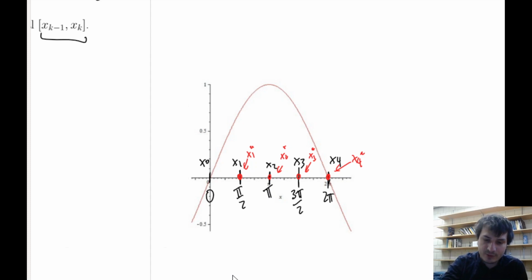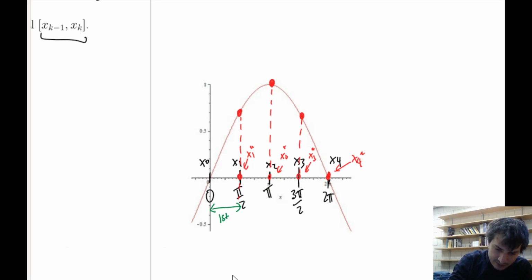So the height of the rectangle will be the value of the function at that x value. So here are the heights of my rectangles. And look, this last one happens to be height 0. Height 0 is okay, that's allowed. The base of the rectangle is the entire subinterval. So the base of the first rectangle is this thing, first rectangle base. And that means the entire rectangle looks like this.